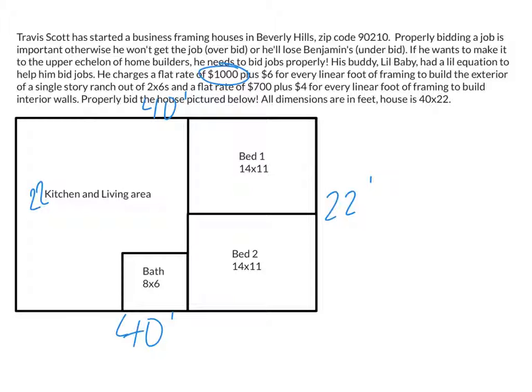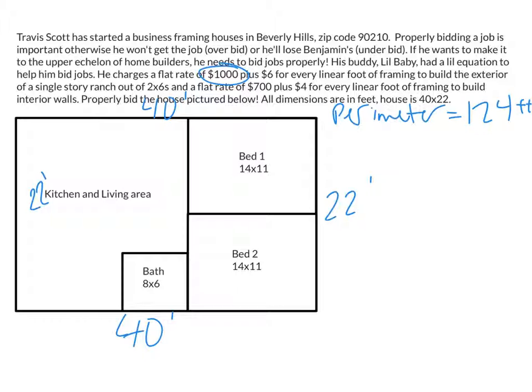That looks a little better. Cool. So what's my total perimeter? I'm going to write that down. Perimeter is, let's see here, 80 plus 44. I'm looking at the opposite sides. That would be 124 feet. Cool.